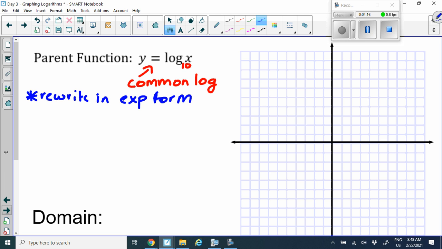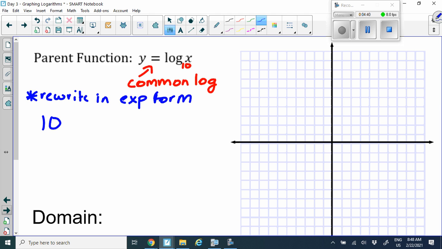Remember our exponential form, we start with the base, so we want b to the x equals y, something like that. Now don't get confused here, especially with all the x's and y's. When rewriting, we are going to have our base 10. Now we want the exponent part.